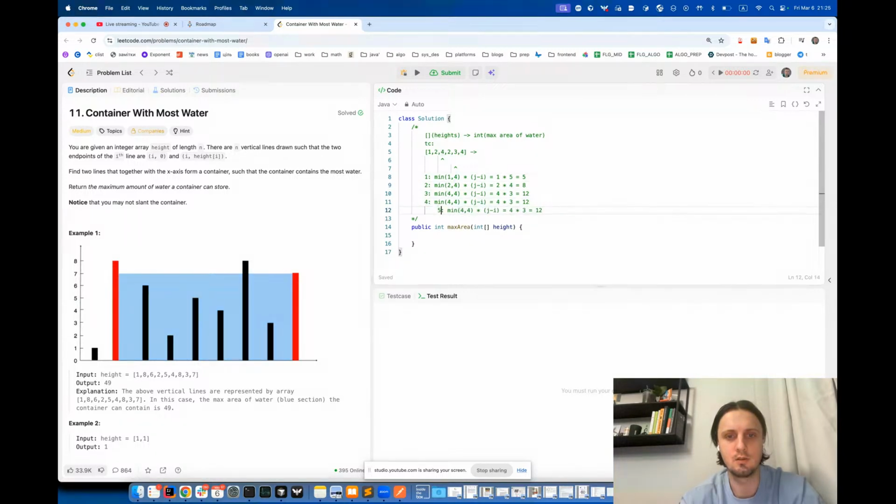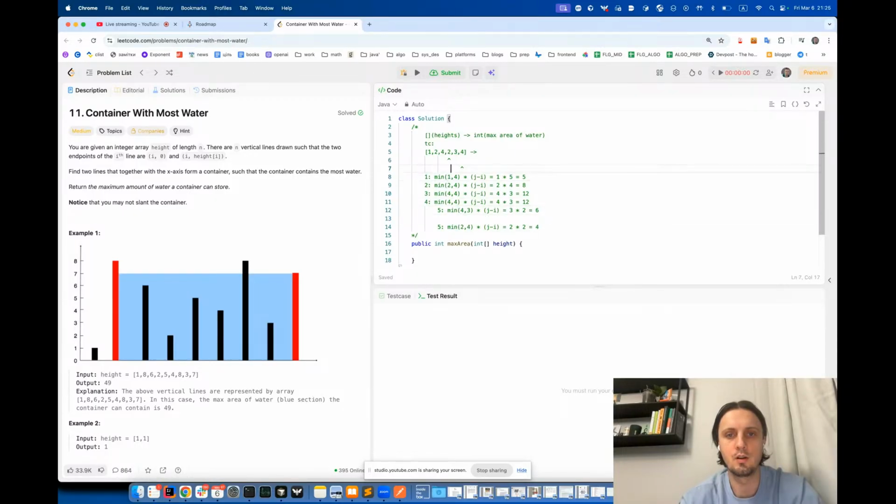If we move here, we have 4 and 3, we take the minimum 3, and then we have 2, so it would be 6. Or we can move the other one, like 2 and 4, and then we have 2 and 2, it would be 4.